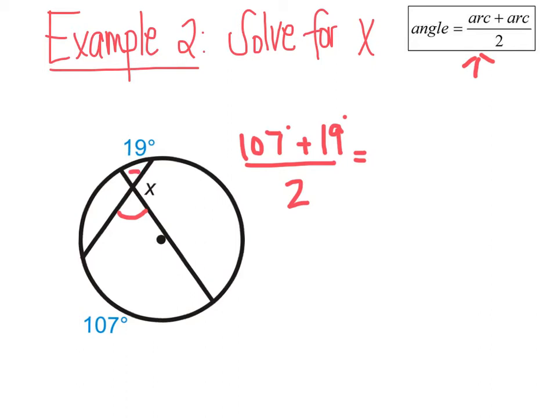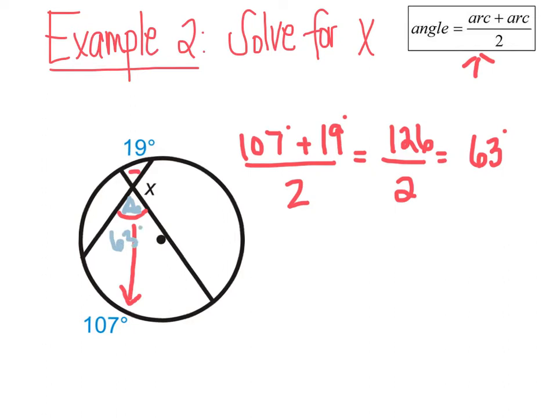So remember, this formula is used to find the angle that is right in front of the arc degrees on both sides. Okay, so when we do this, we get 107 plus 19, we get 126, divide by 2, 63 degrees. So that lets us know that this right in here is 63 degrees.